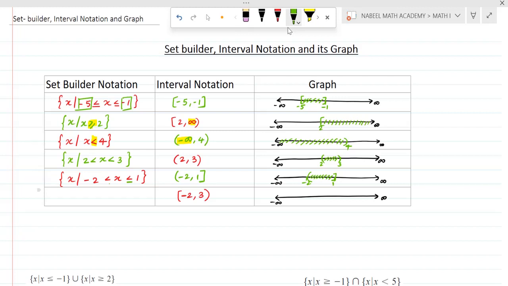Now the next one, where the left side is closed. Let us check. This is minus 2 here, and 3 will be here. Minus 2 is closed and 3 is open.